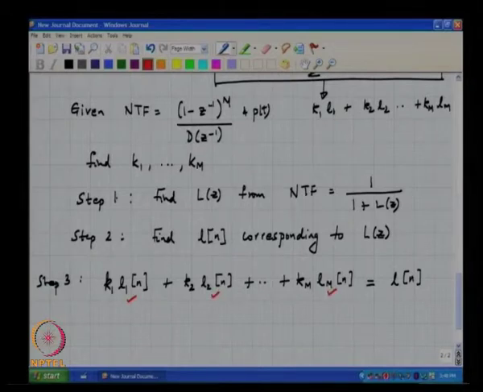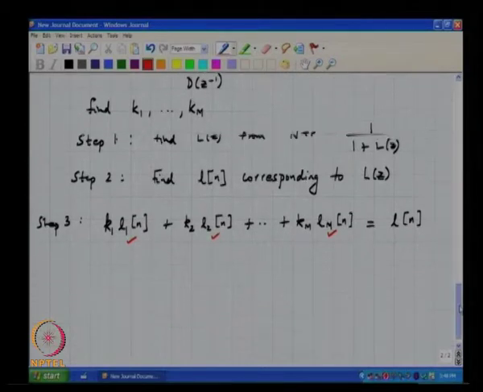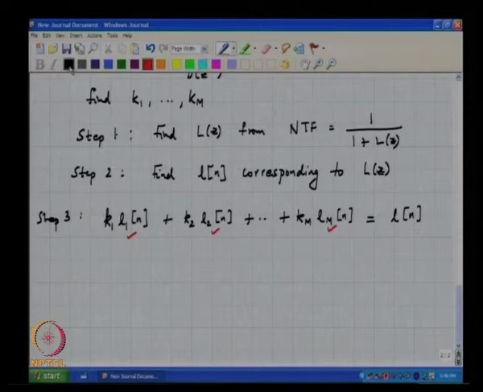Why are they known? We know the pulse shape, and these are nothing but integrals of the pulse shape. Is this clear? So, if L1 through Lm and L itself are expressed as column vectors, then we can write this in matrix notation as L1, with an underline to denote a column vector.